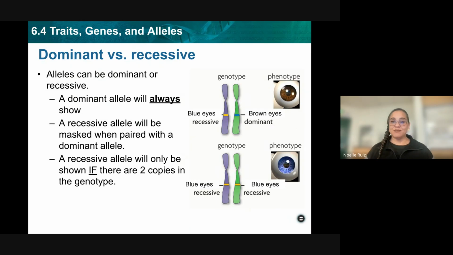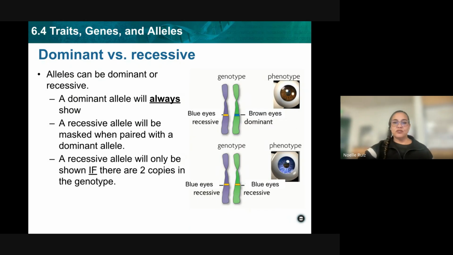It's weaker, it hides behind it. And a recessive allele will only be shown if there are 2 copies in the genotype. Remember, we have 2 copies of every single gene. We get them from our parents. And to actually have the recessive allele, both of our parents have to give us those recessive alleles.